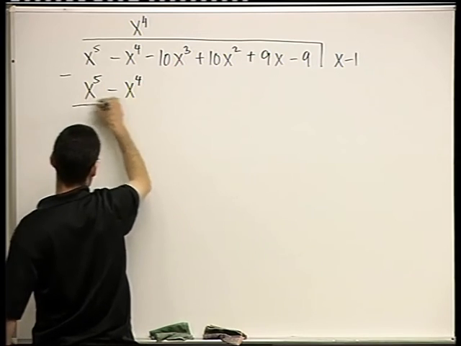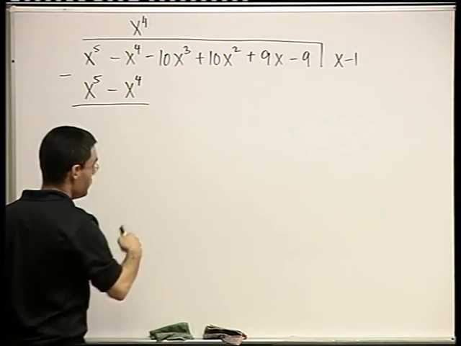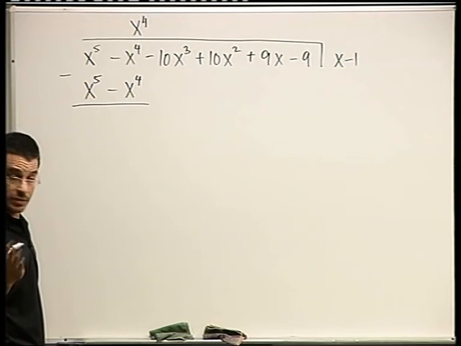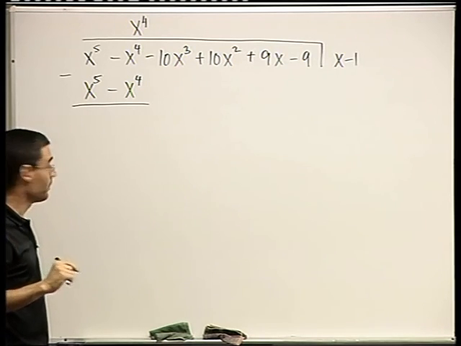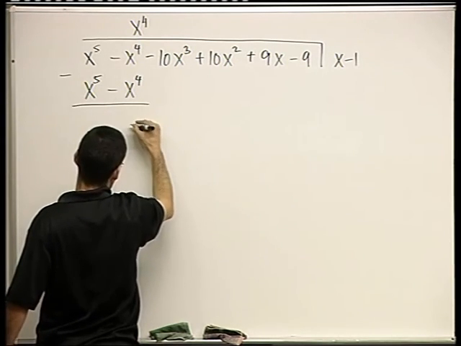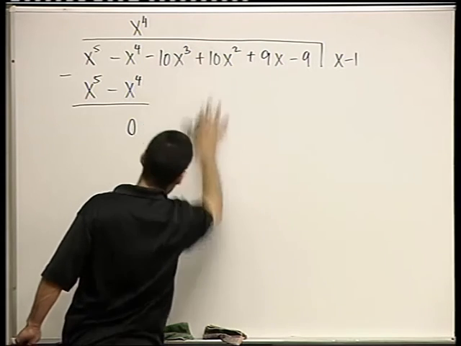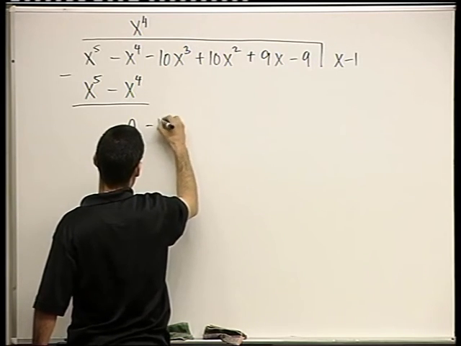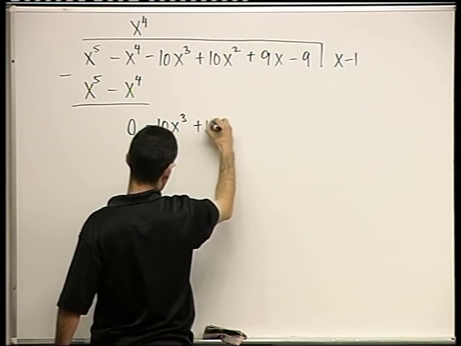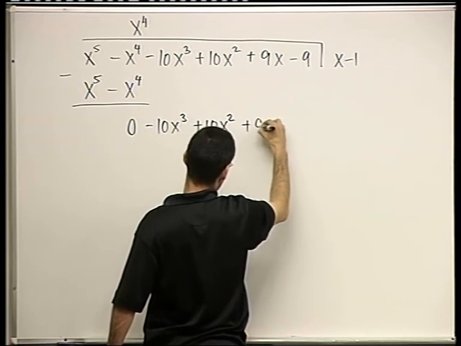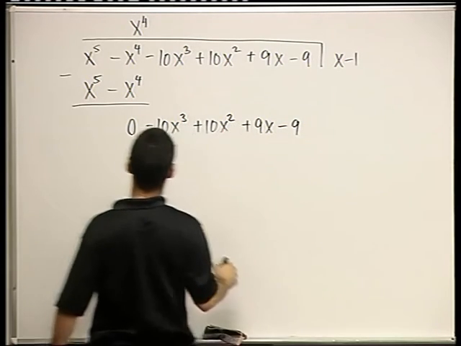And then I subtract. Okay? Do you recognize long division of numbers? It's exactly the same way you do it there. I subtract. In this case, I just get 0. So I carry down the remaining stuff. Minus 10x cubed plus 10x squared plus 9x minus 9.